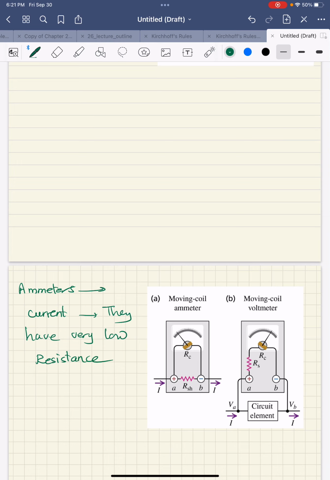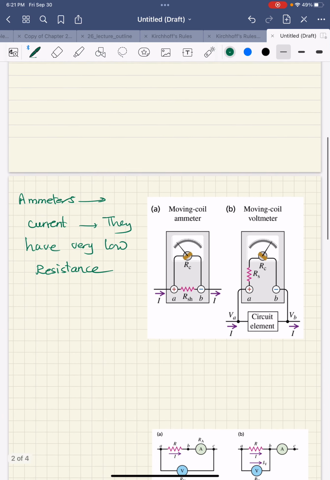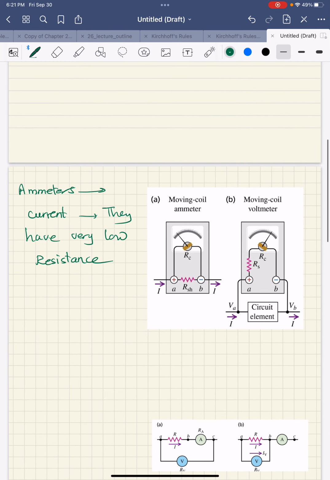Like you can see here, there is a resistor, and the ammeter is going through the circuit. Therefore, it shouldn't block the current. Now we will say, like, current through the resistor.